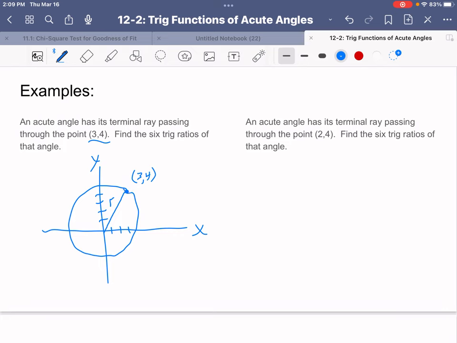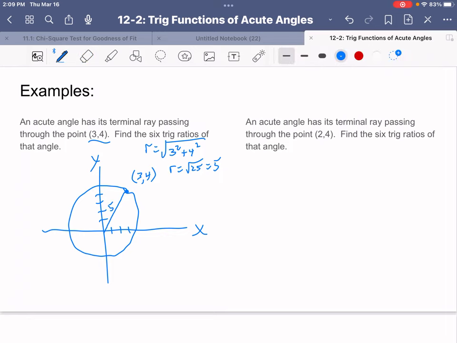But it doesn't matter. All I need to do is say r is equal to the square root of the x coordinate squared plus the y coordinate squared. That's r equals the square root of 25, which is 5. So I have determined that the radius is 5. Excuse me, I meant to write the number 5 there.